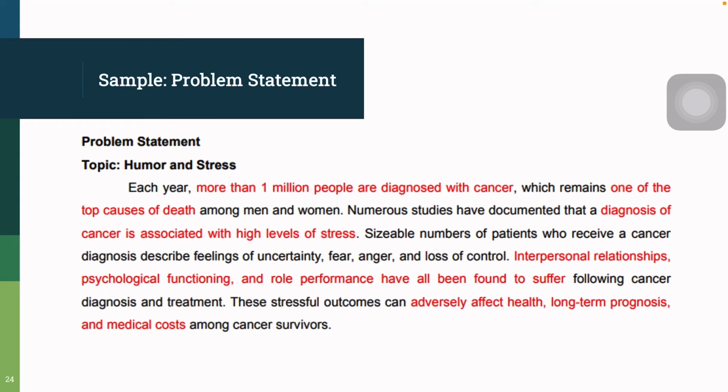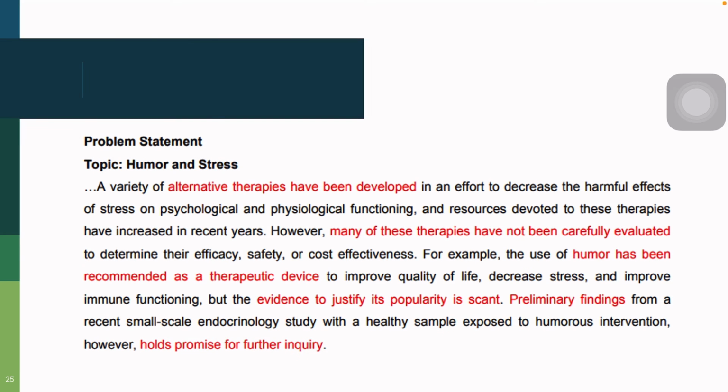If the background is also there, if the scope is there, if the consequence is there, if there is a knowledge gap, and what is the proposed solution.